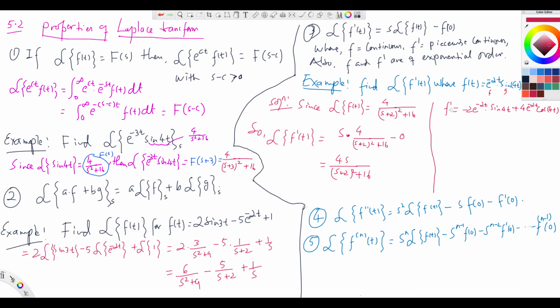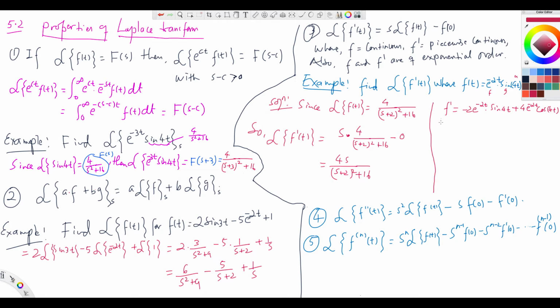That is the derivative, because f prime times g plus f, which is e to the negative 2t, times g prime. The derivative of sine u is cosine u times u prime, that is 4.